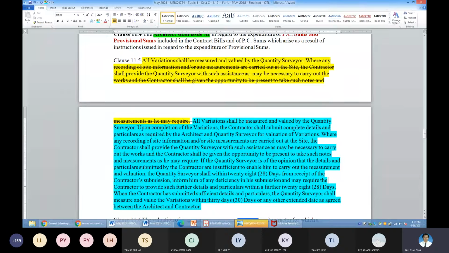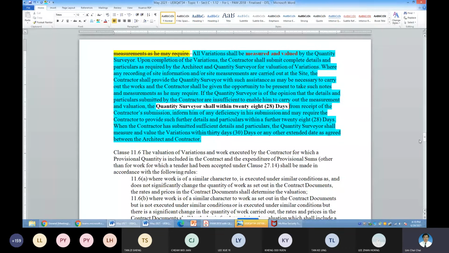Last time you can see a lot of the time provisions are not here, isn't it? They don't have the time, but now you can see there is a time provision for the QS or the architect to look into any dispute on the valuation.